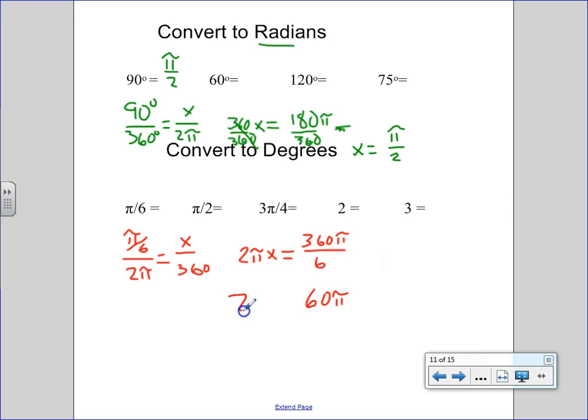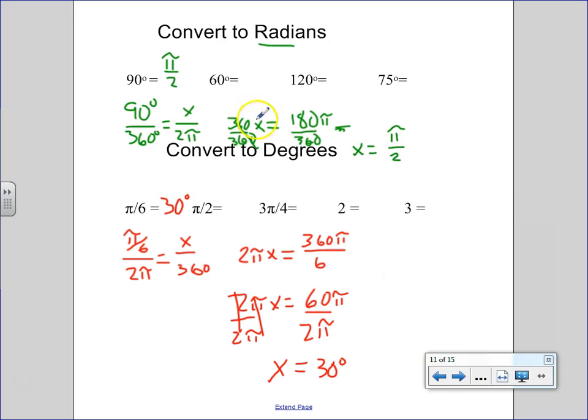And then if I want to solve for x, I'll divide both sides by 2 pi. And when I divide both sides by 2 pi, the pi's cancel out. And I get x equal to 60 pi divided by 2 pi, which is 30. So 30 degrees is pi over 6.